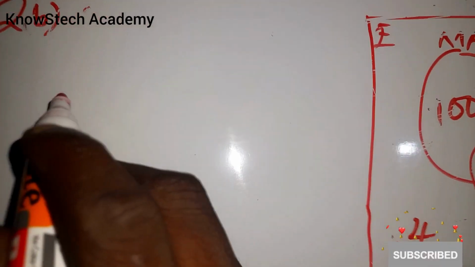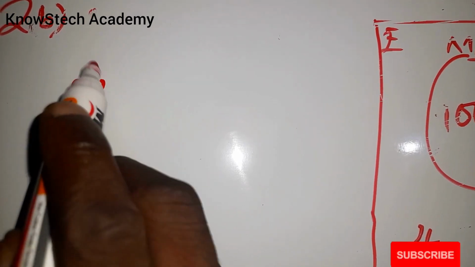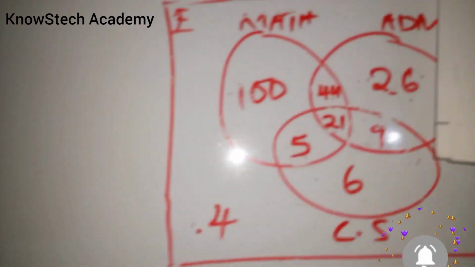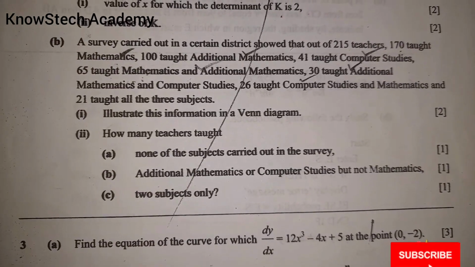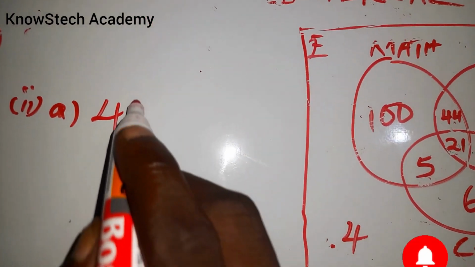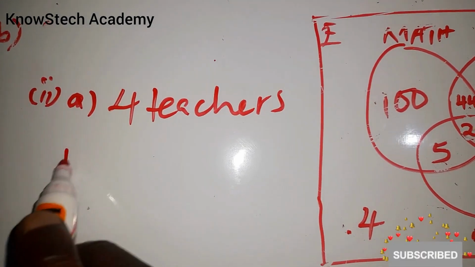So this is question 2, A. How many teachers taught none of the subjects carried out in the survey? Check, there were 4. So here just write 4 teachers. 4 teachers. Let's go to B.